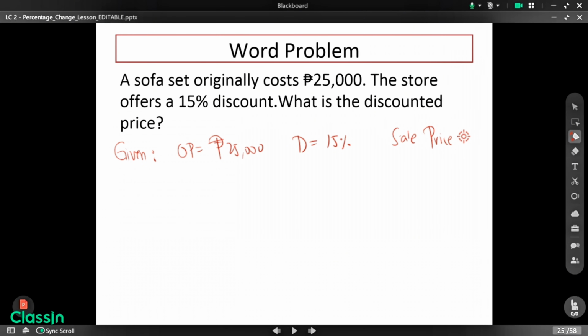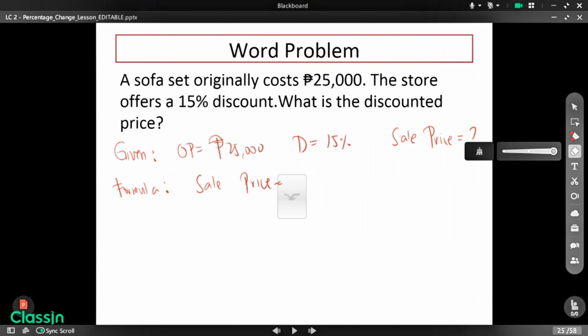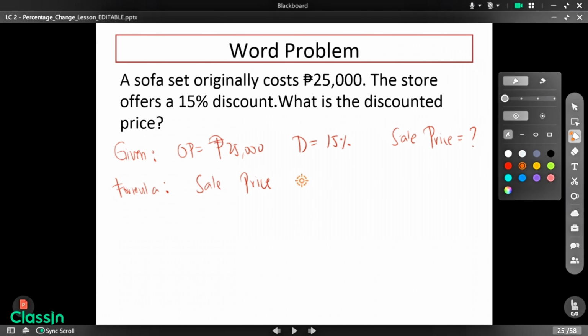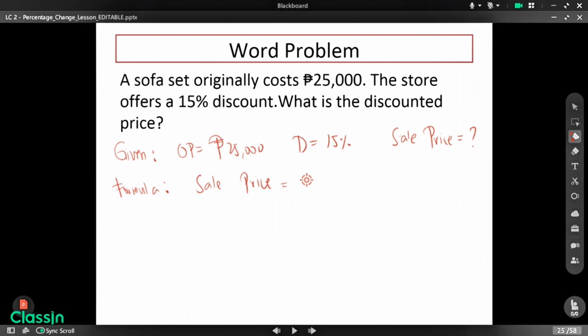I'm just going to use sale price. So the formula that we are going to use: sale price equals original price times 1 minus the given discount rate.